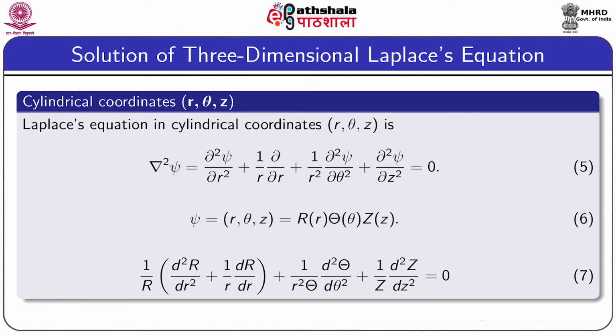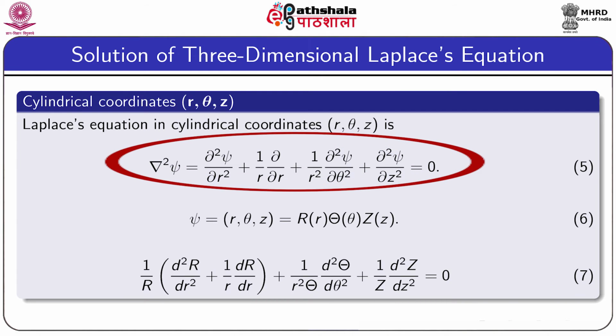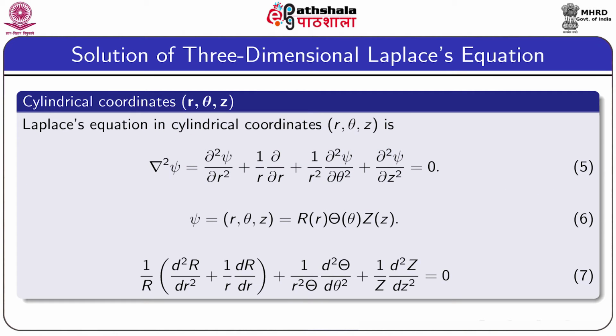Now, I am going to solve the Laplace equation in the cylindrical coordinate system. In cylindrical coordinates, the Laplace equation is written in the form given in equation 5. Here we shall use the same technique, the separation of variables method, to find the solution.